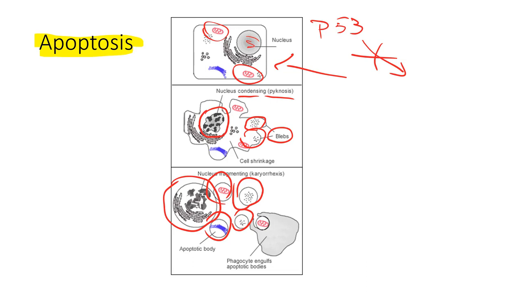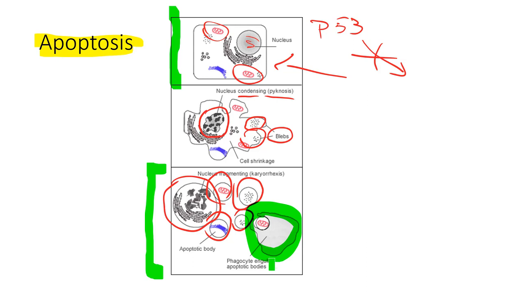It is a genetic program that will lead to the destruction of your cells, from normal cells to bits and pieces of this cell that will now be digested by phagocytic cells, okay? And the phagocytes will digest that abnormal cell that could have led to cancer. It could have led to cancer, but it will be eliminated.